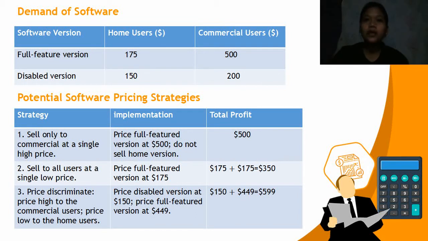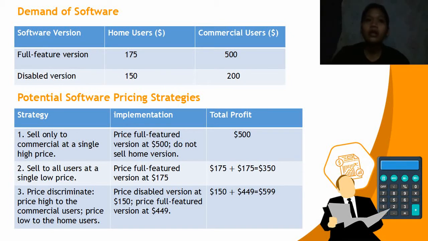A difficult part of implementing price discrimination is pricing the full feature version to make sure that the high-value customers do not purchase the disabled and cheaper software.